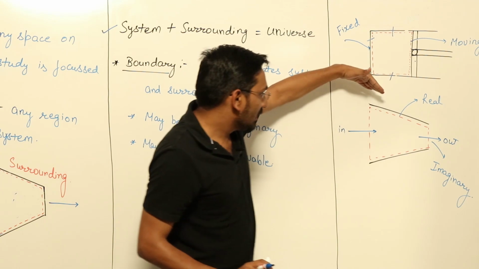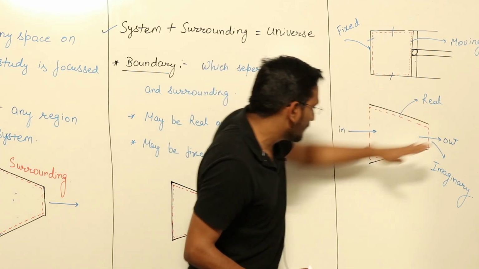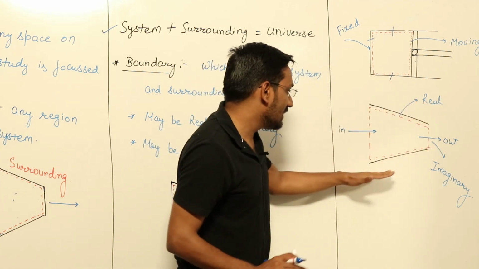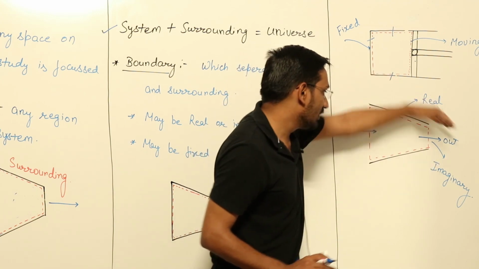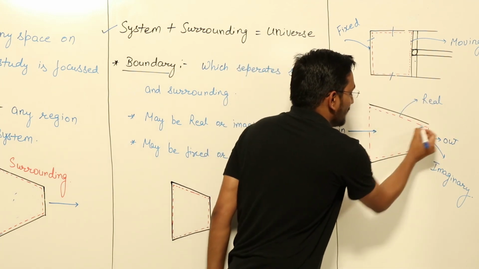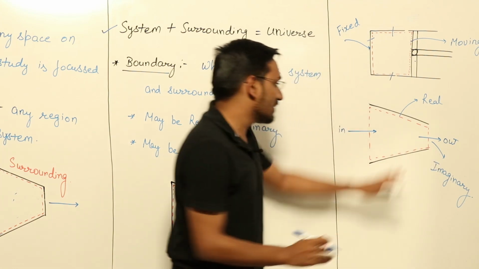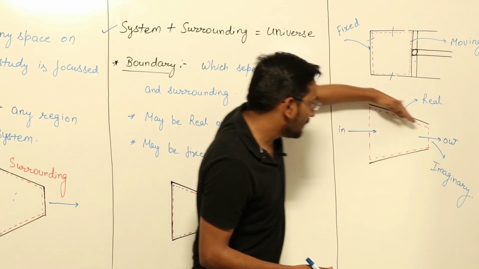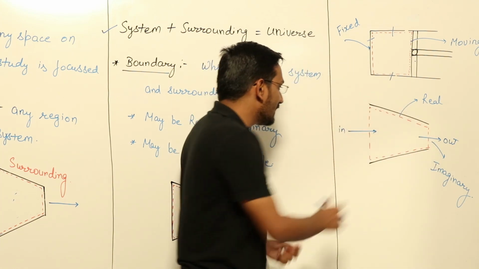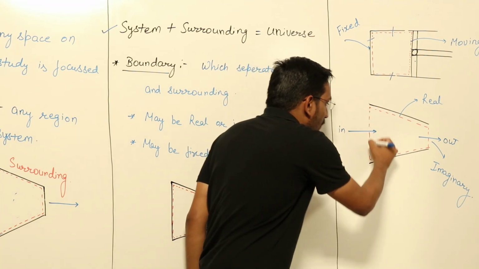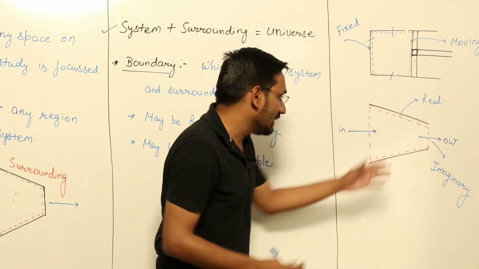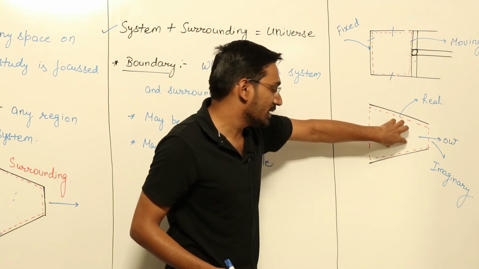So the boundaries which coincide with the walls of your pipeline are real boundaries. These are the walls of your pipeline, existing in the system. Other than that, these two boundaries we define just to focus our study on this part.